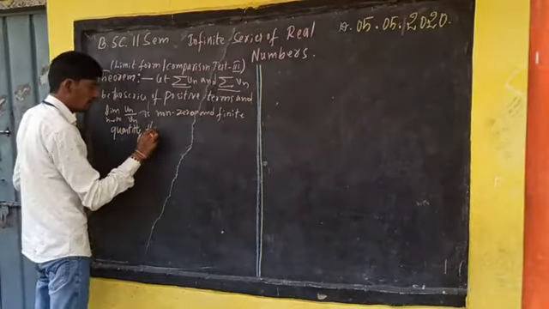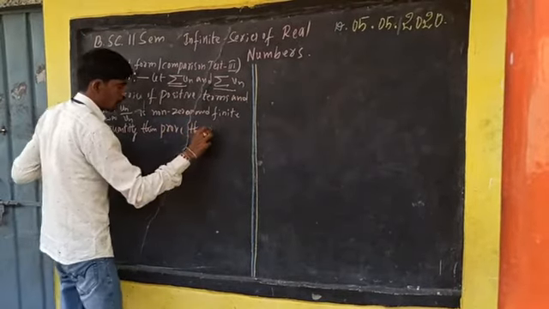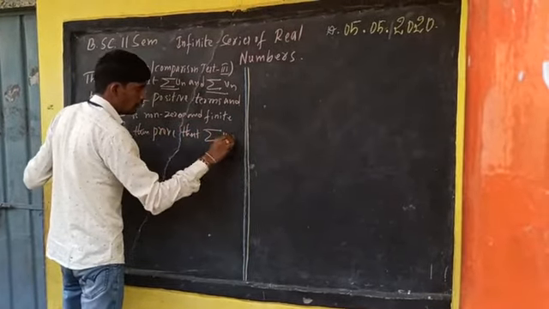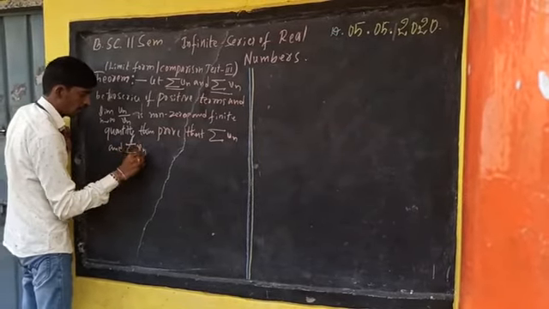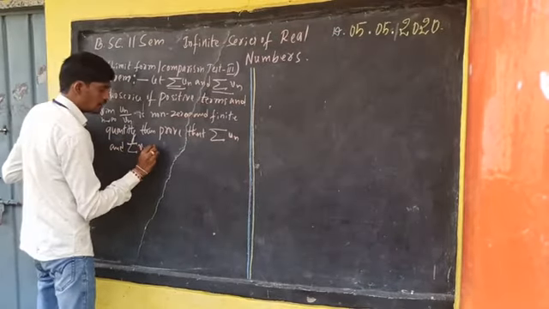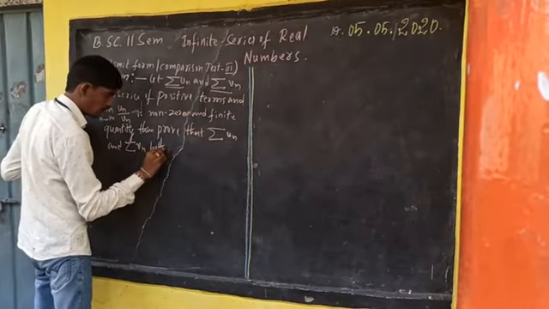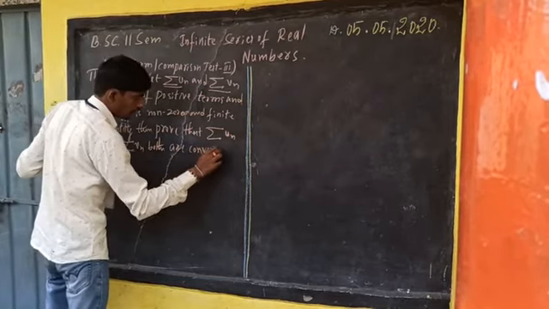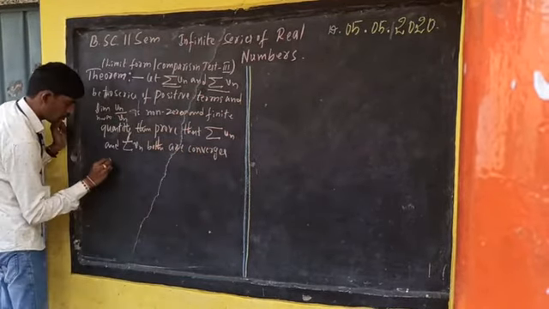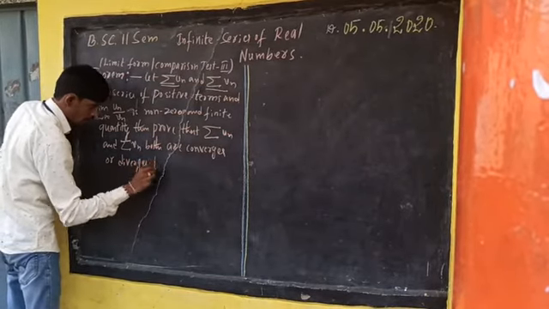Then prove that summation un and summation vn both converge or both diverge together.